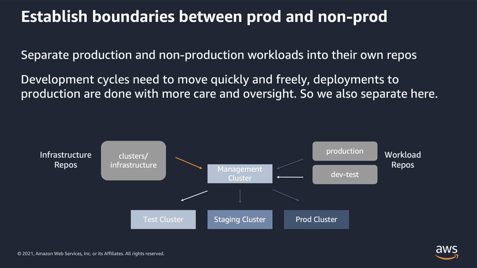And you can see right off the bat, just drawing these pseudo paths, that you have one team working on clusters and infrastructure, and they come into the management cluster and they impact everything. Then on the right side you have your workload repos, and you have a production workflow, and you can see clearly that production comes into the management cluster.